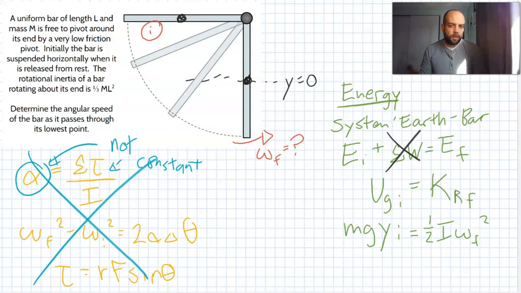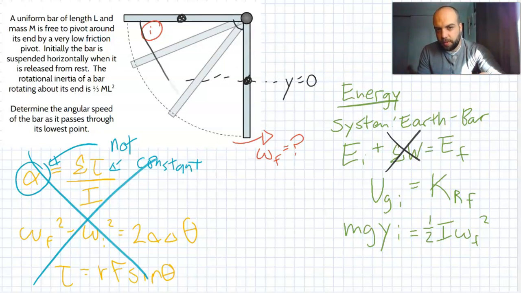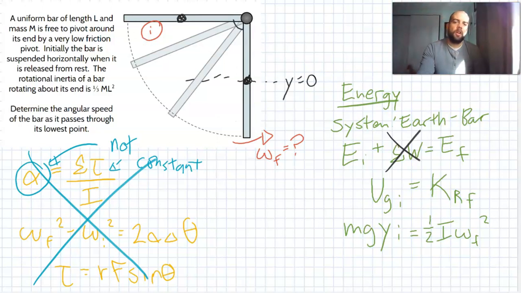And that's the change we care about. Other parts of the bar go through much smaller changes in heights, and other parts go through much bigger changes in heights. We don't care about those. We look at the center of mass. If we had to concentrate the mass on this uniform bar, it would be right at the middle. That's the height we care about.